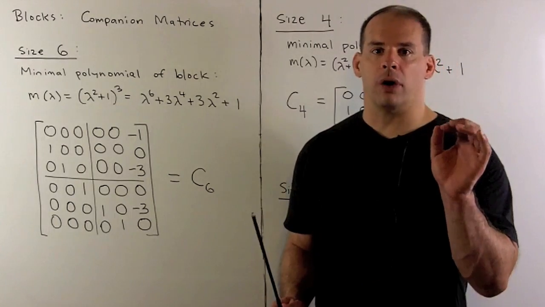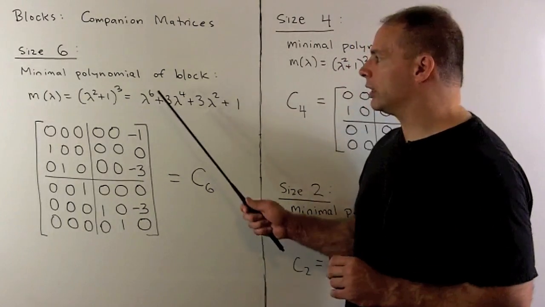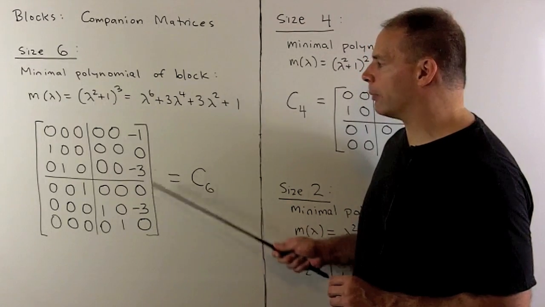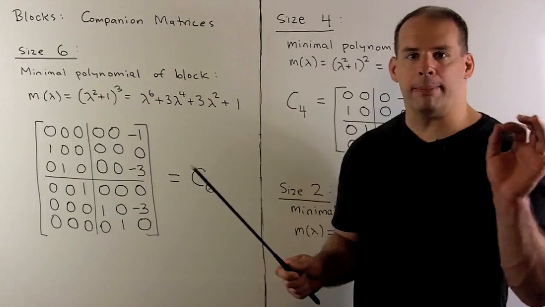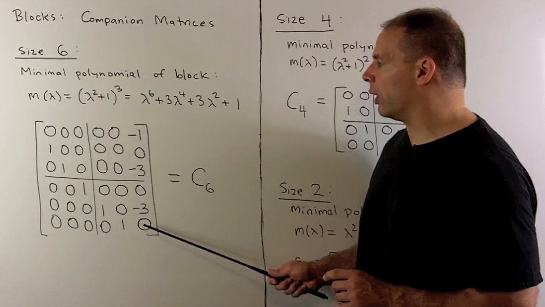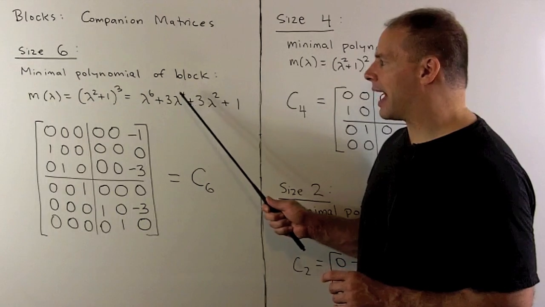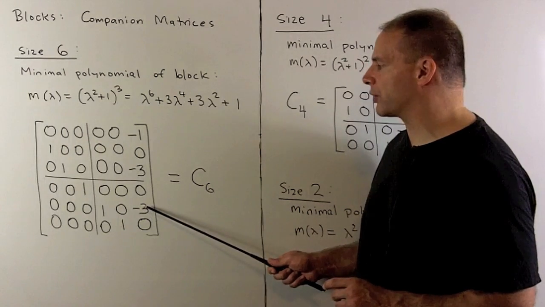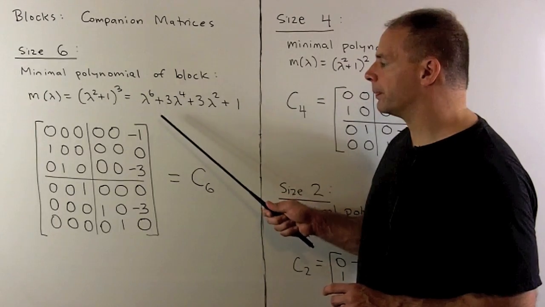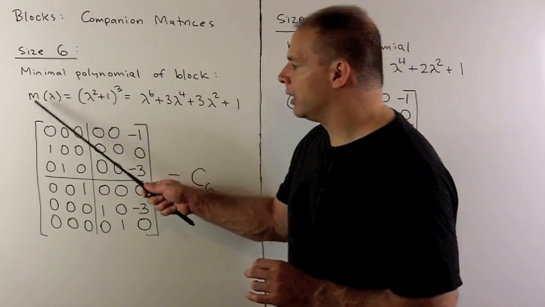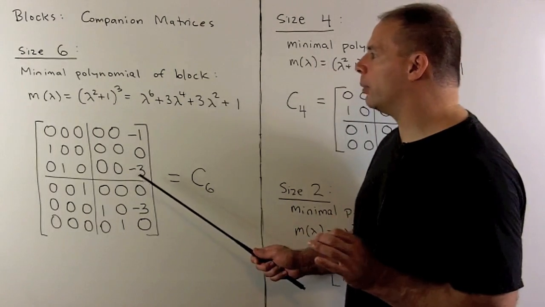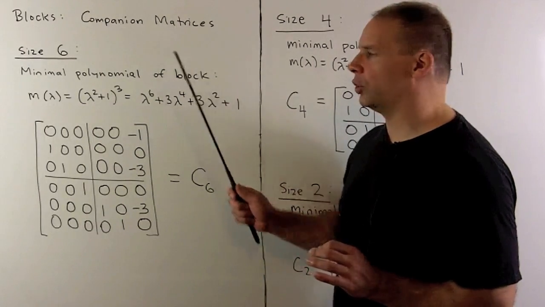The rule for loading in the coefficients: we ignore the leading term. Then we're going to put the coefficients in, starting at the bottom, working our way up, and we put in minus signs. So here, the coefficient of λ⁵ is 0. For λ⁴, I have 3, but I put in a minus sign to give me a minus 3. For λ³, I have a 0, and so on. So we'll call this companion matrix C6. Its minimal polynomial is (λ² + 1)³.